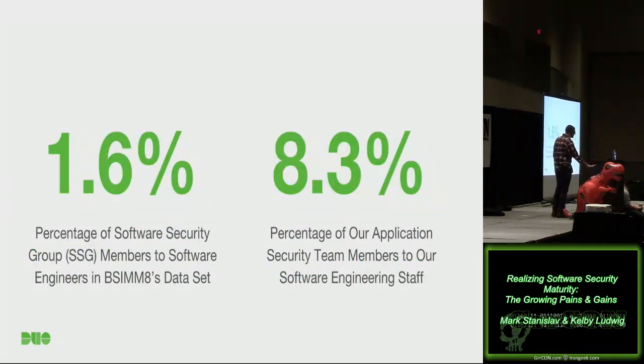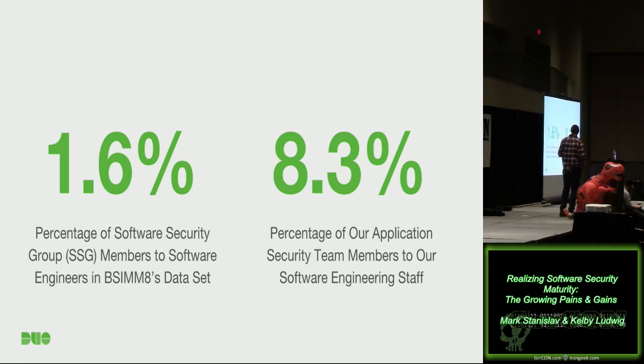So honing in a little bit further and focusing on AppSec specifically within Duo, we've drawn out a BeSam 8 metric on the ratio of the software security group to software engineers over that data set. So BeSam 8, their data set suggests that there are 1.6 software security group members, which are the people responsible for software security within an organization, per 100 engineers.